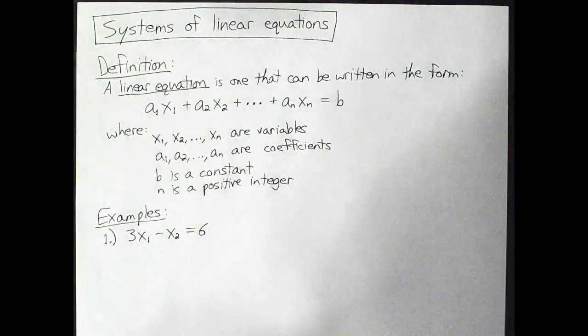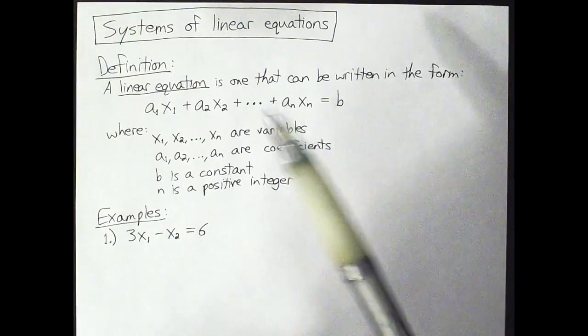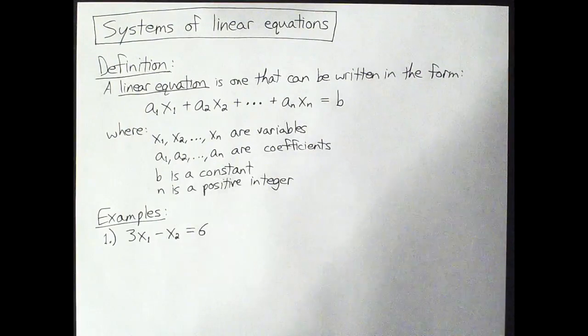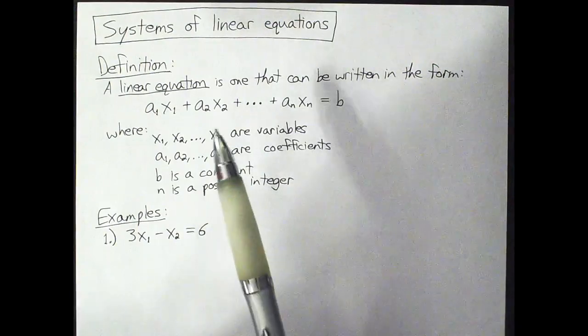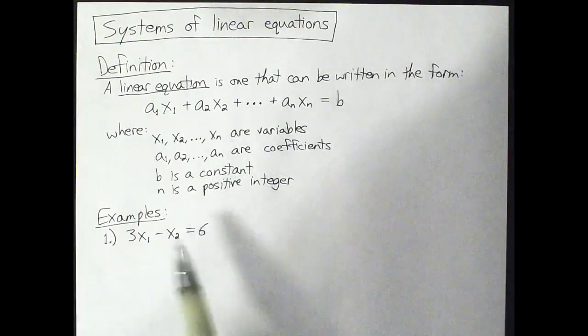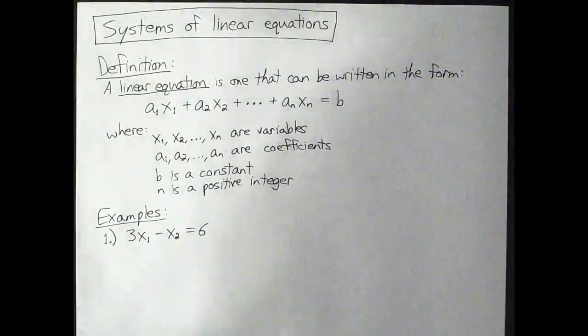I just want to give a few examples. It's an equation that can be written in this form. And the idea is that the coefficients could be positive or negative. Even though we wrote a plus sign up above, a2 could be -1. So we can have a subtraction show up. So that's a linear equation.